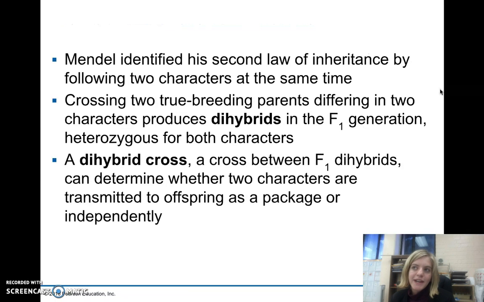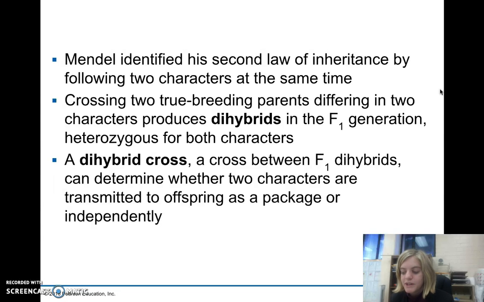However, he decided to see what would happen if he tried to follow two characters or two traits at the same time. He would cross two true-breeding parents who differed in two characters. So, for example, a purple flower with round seeds with a white flower with wrinkly seeds. He would call these dihybrids, because in the F1 generation, they would be heterozygous for both of those characters.